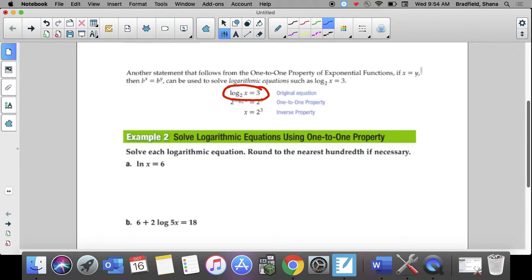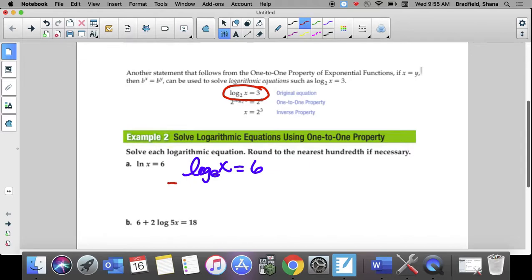So in example A, we've got natural log of x equals 6. So keep in mind that the natural log of x is exactly the same thing as log base e of x equals 6. And since the base of the log is e, I'm going to create an exponential out of this using a base of e as well.